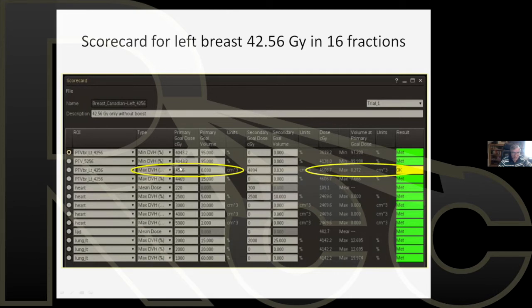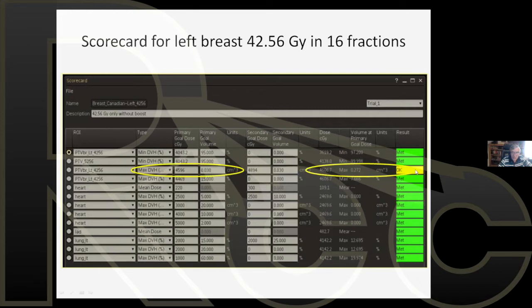If you bump up the prescription dose by 8%, you get 45.96. We want 0.03 cc's to get that. Unfortunately, we couldn't make that. We had slightly hotter than that. At 45.96, which is an 8% hotspot, we had 0.27 cc's, more than the 0.03.